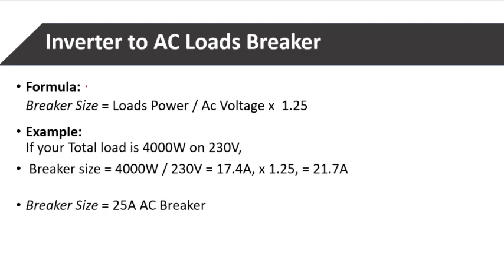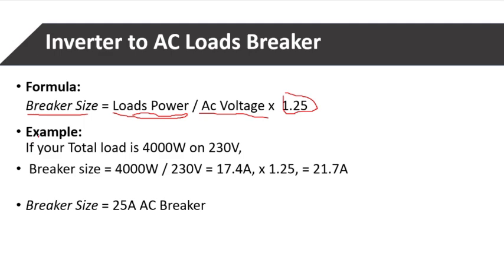The next example is the inverter to your AC load. The formula for the breaker size is your total load power divided by your AC voltage, multiplied by the safety factor of 1.25.